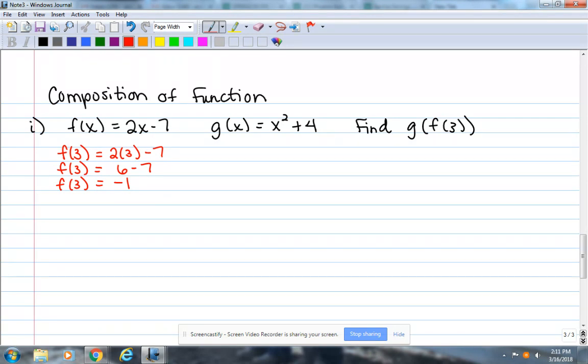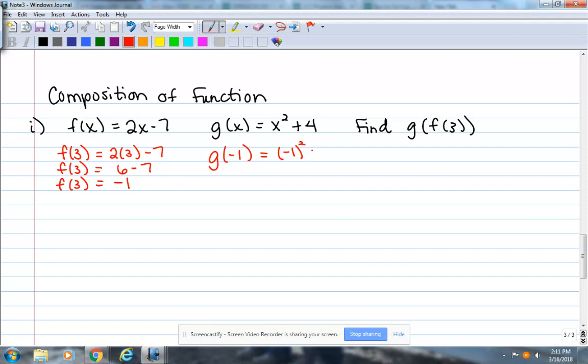Okay? So then I'm going to take that solution, and I'm going to put it in to g of x. So here's what it says. Find g of f of 3. So I found f of 3, then I plug it into g. Start on the inside, work your way up. Okay? So then I'm going to plug that answer into g. I'm going to say g at negative 1 equals every x turns into a negative 1 now.